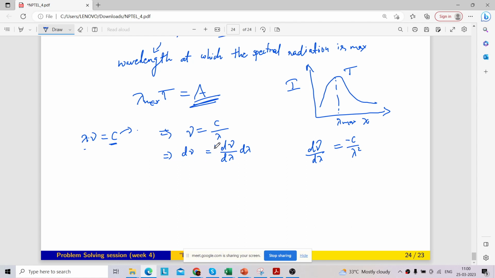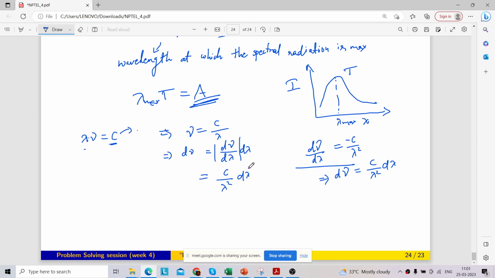Let's write it as a modulus, we don't want the negative sign. So d nu will be c over lambda square d lambda.